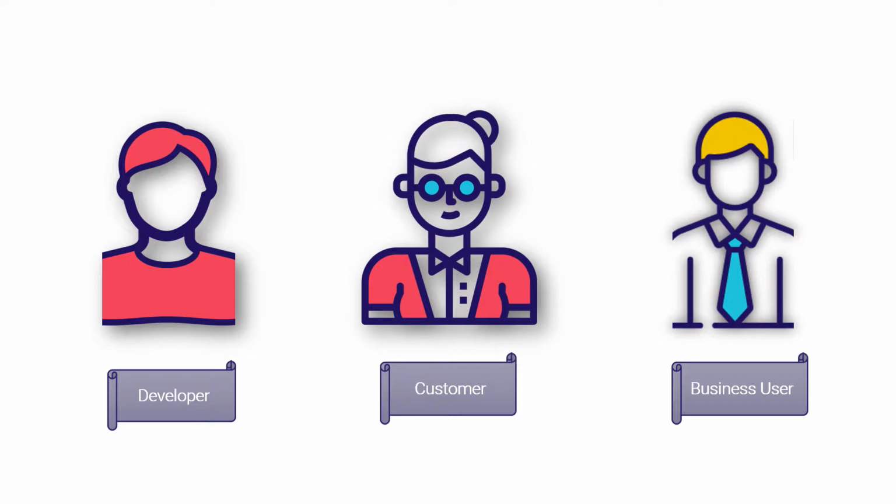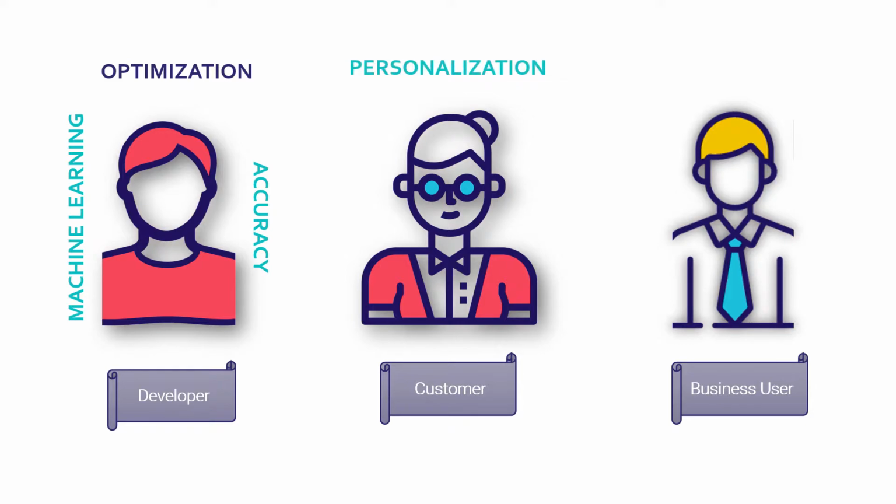Now, when asked about what data means to them, these players will most likely respond in different ways. A developer may be concerned about optimization, machine learning intent classifiers, and achieving accuracy. A customer may be thinking about getting a personalized experience, having their data stored securely, or engaging with an empathetic VA.